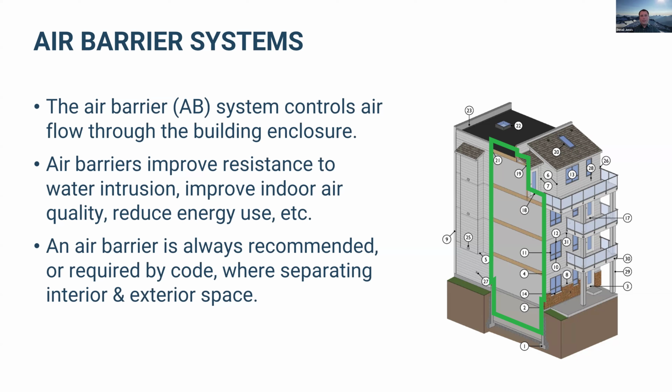So if you're in a cold climate, that's going to be the interior. If you're in a hot climate, it's going to be the exterior. If you're in a mixed climate, that gets more complicated. But this is not necessarily the same as the air barrier. These could be two different layers in the assembly.